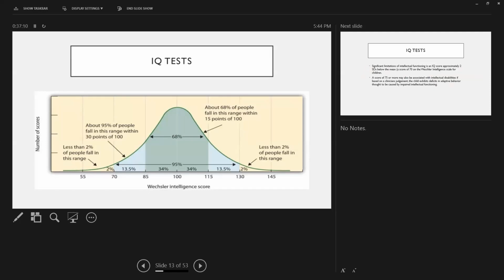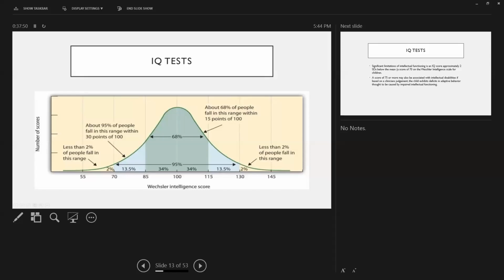You can see that roughly, with any sample, with any test, if you give a valid and reliable test to enough people, you generally will get this distribution of results. So about 68% of the sample will fall within one standard deviation of the mean, either above or below. 95% of the people will fall within two standard deviations of the mean.